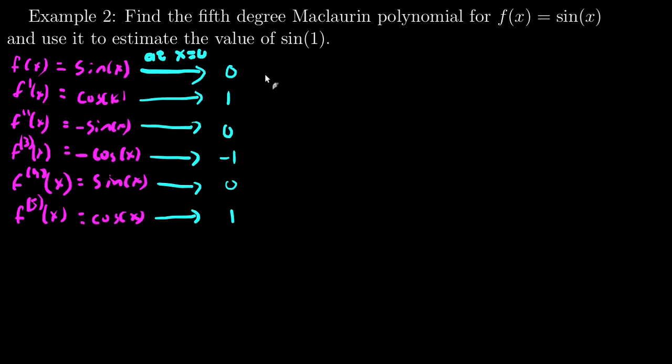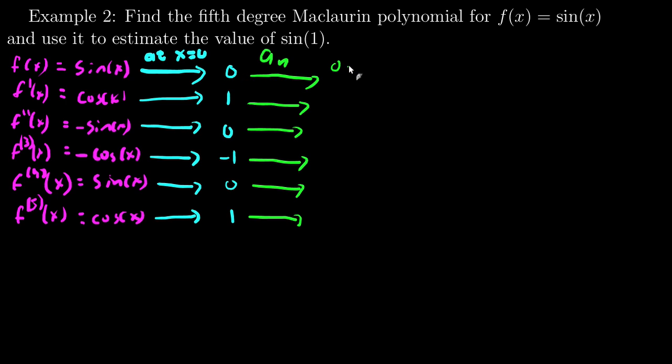And then I will go to green, and so the coefficients, and you can see it's just a little bit less writing. I don't need to write all these f's, which sort of wastes time. So 0 divided by 0 factorial, and I'll write it one more time here. So we get 0 factorial is 1, 0 divided by 1 is 0. I have 1 divided by 1 factorial, 1 factorial is 1, 1 divided by 1 is 1. 0 divided by 2 factorial, 2 factorial is 2, 0 divided by 2 is 0.